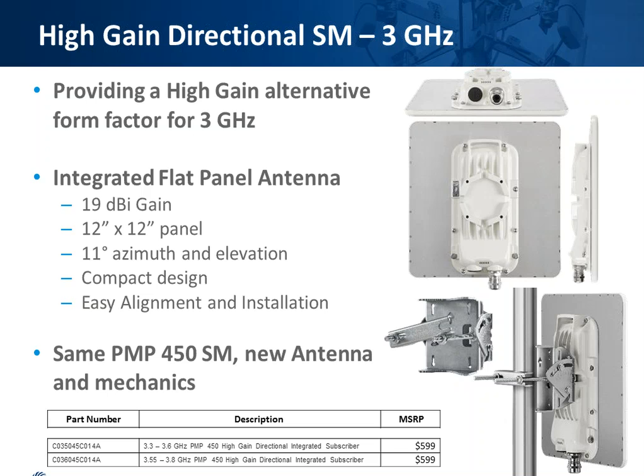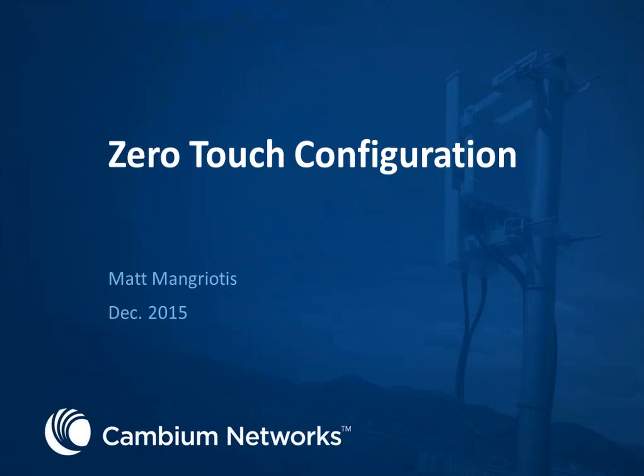It's a much easier package to deploy and align where the offset reflector dish may not be appropriate or aesthetically allowed in some areas. So you can reduce wind loading. You get a nice, easy to deploy package in the 3 gigahertz range. Look for that in the next month or so.